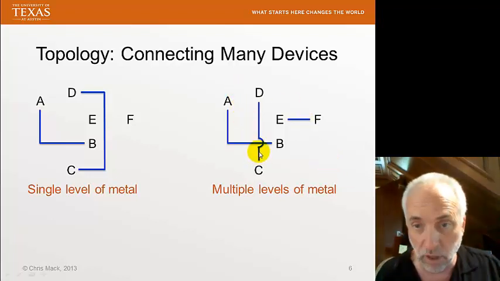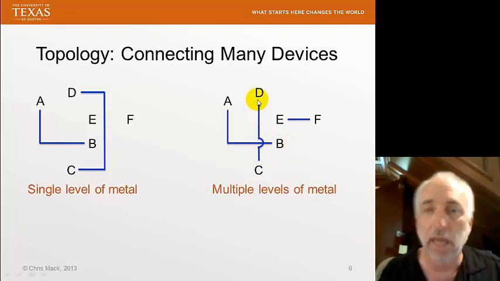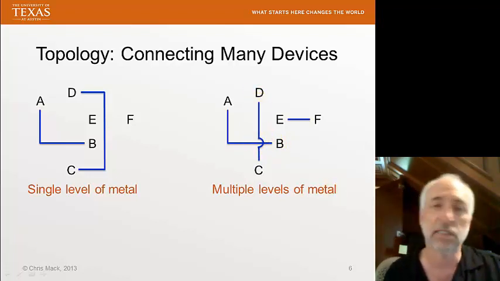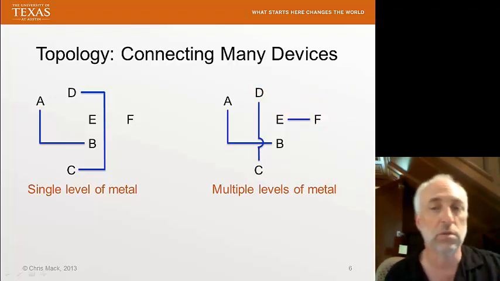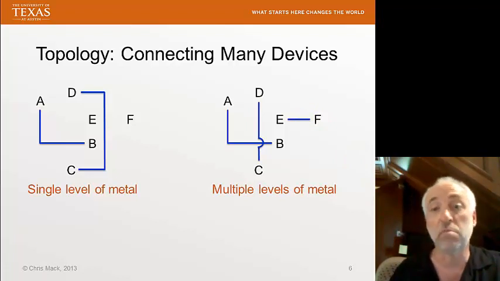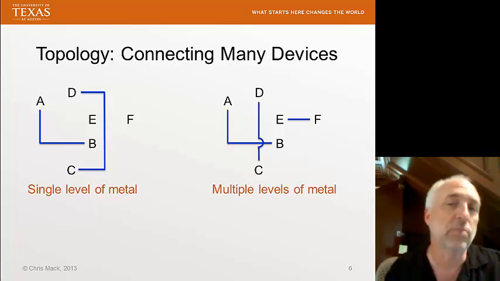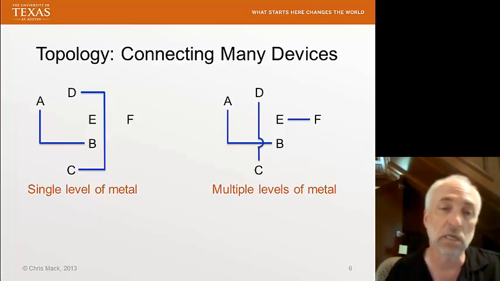So I would go across on the first level of metal, go up to a second level of metal, run across without touching and therefore not short-circuiting this connection from A to B, coming back down and continuing on my way and connecting to D. And now you can see, of course, the E to F wire is also shorter. So by using, in this case, just two levels of metal, I've been able to reduce the wire lengths of the C to D transition and the A to B connection.